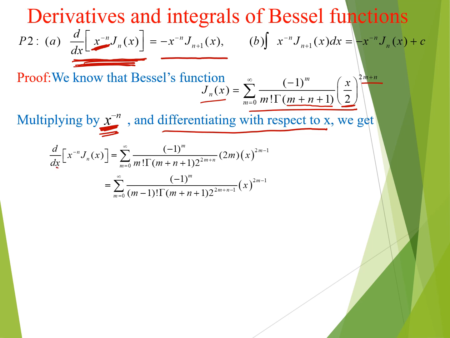We get the derivative with respect to x of x to the power minus n Jn x is equal to, when we differentiate with respect to x and multiply with x to the power minus n, this term is eliminated, and then we have only x to the power 2m. Now when we differentiate x to the power 2m, we get 2m x to the power 2m minus 1, and the remaining term is the same.